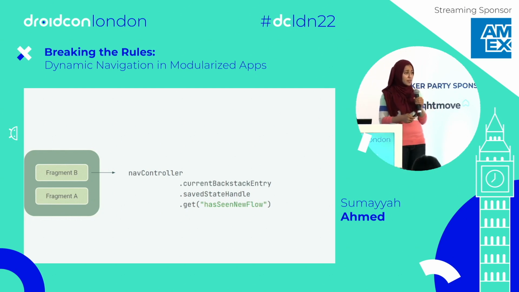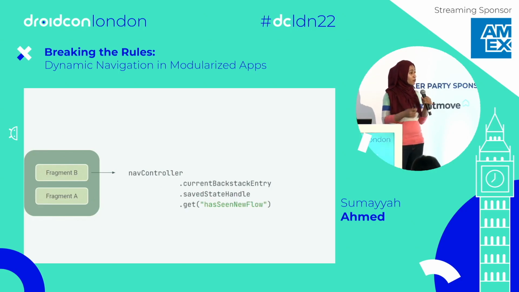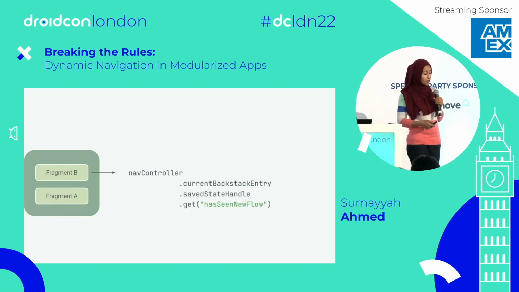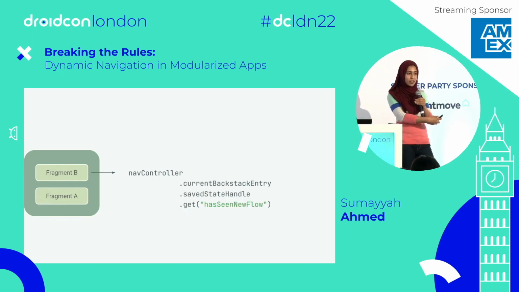And of course, this was a simple example, but there's a lot more that we can do with this. Save state handle becomes more useful once you start working with composables. Actually, the backstack entry itself is a lifecycle owner, so we can set observables on it via live data and react to any changes in the entries dynamically. So again, a lot of stuff we can do with this.